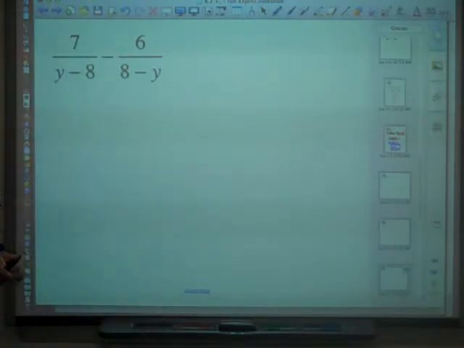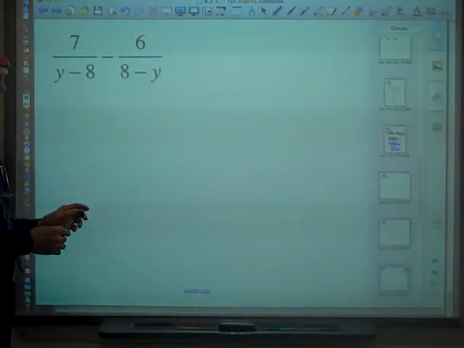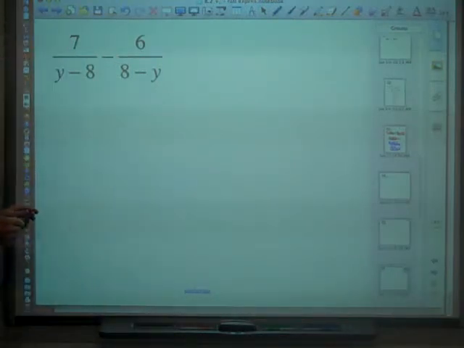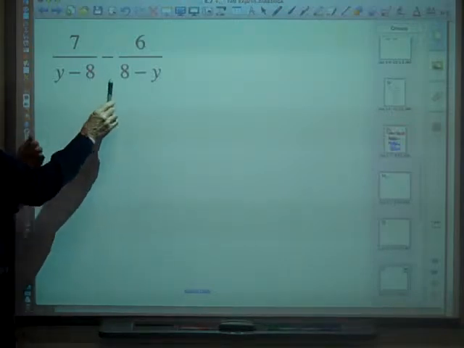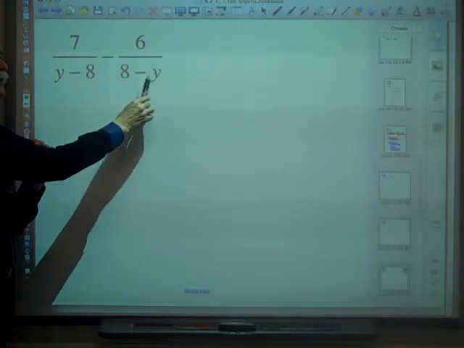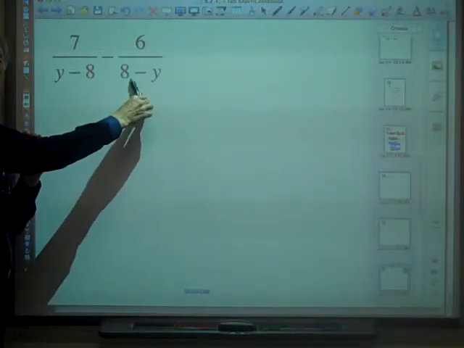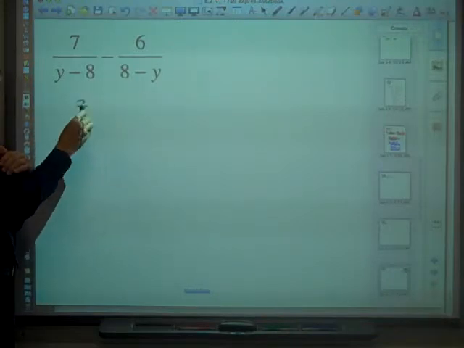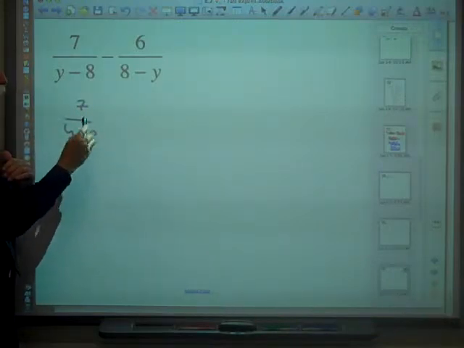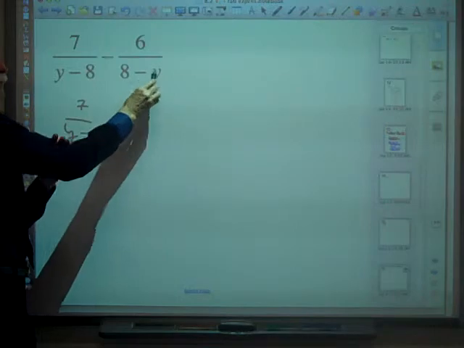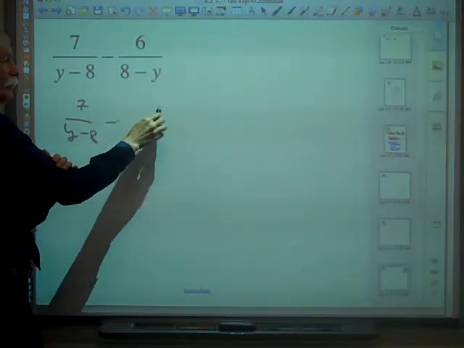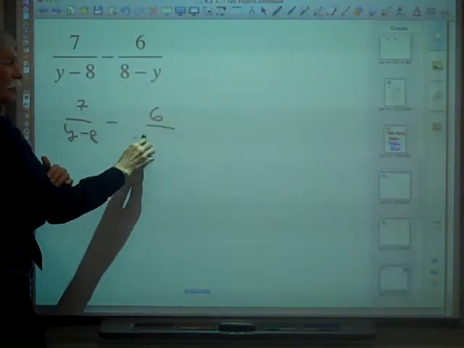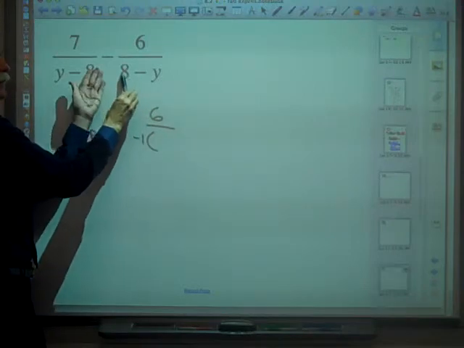But what you do is, can I factor that -1 out of the bottom here? You probably don't exactly know why I would do that, but if I take a -1 out of the bottom, what will that become?